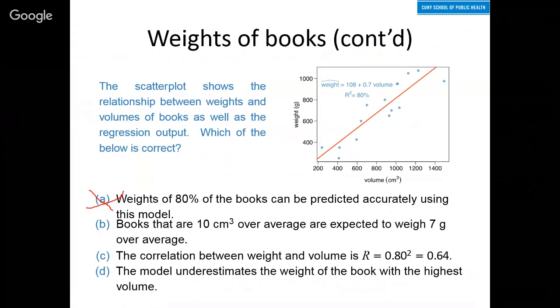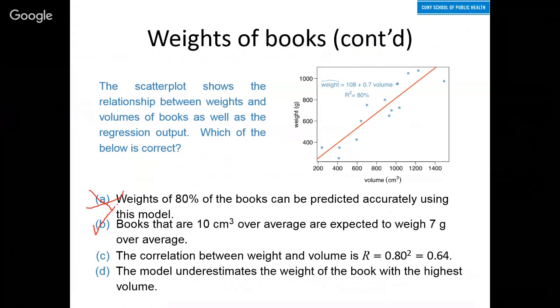Yeah, true. It doesn't really matter that it's over average or over any particular weight. The slope of 0.7 tells us that for a 10 cubic centimeter increase in volume, you expect a 7 gram increase in weight. It doesn't matter whether it's over average or over 200 or over 1400. That's the slope. So this one is okay.